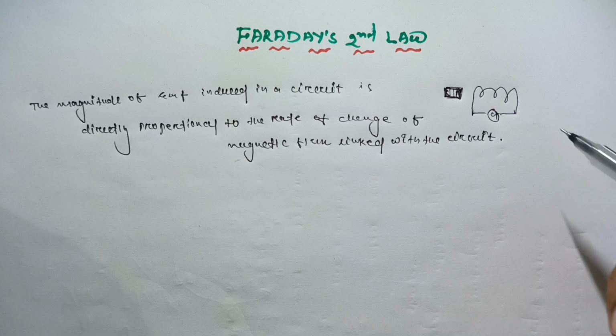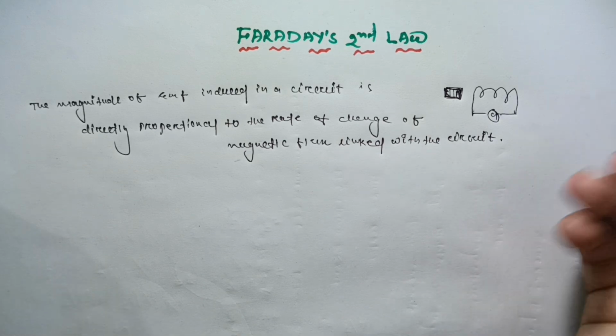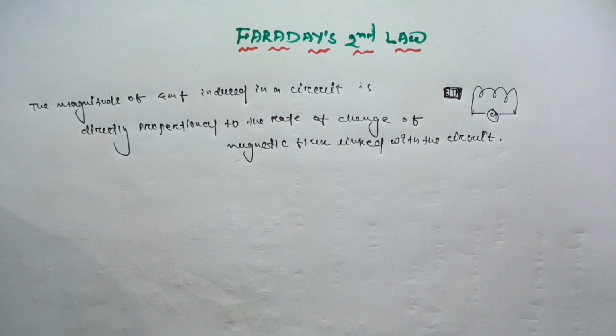That means in Faraday's first law, we had already learned how the EMF is produced or induced. In this law, we have to calculate the magnitude of the EMF, right?